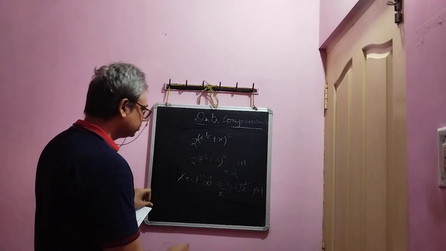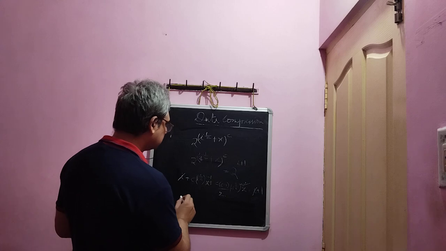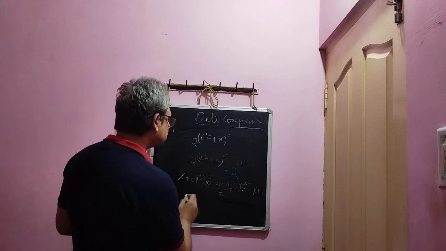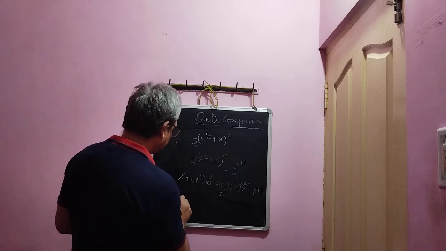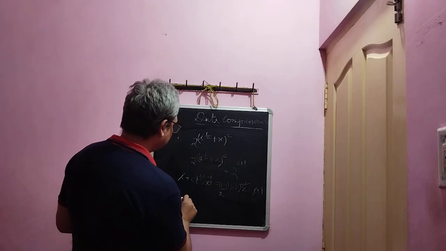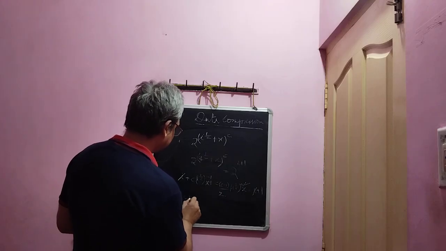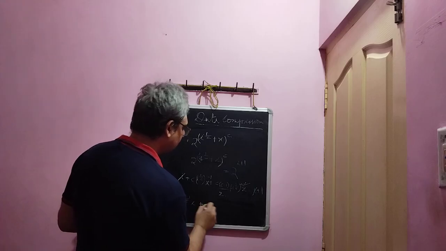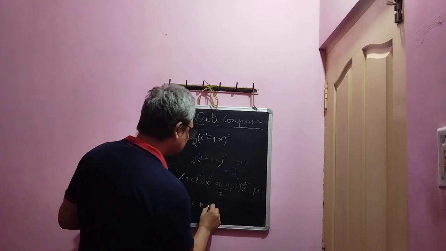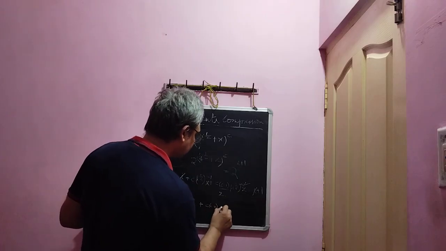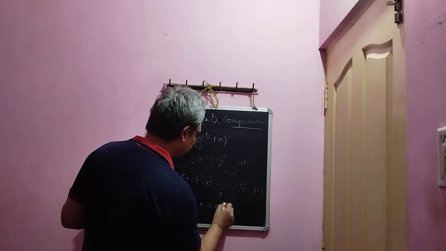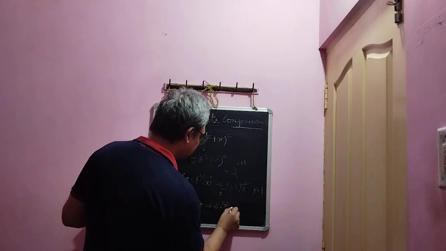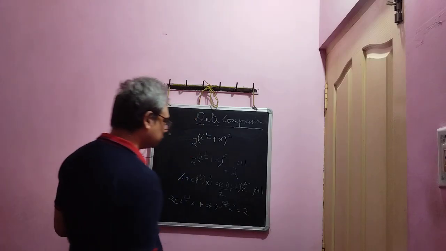Okay, so in other words, you will get 2c I power c minus 1 by c times x plus c into c minus 1 times I power c minus 2 by c times x square is equal to 2.